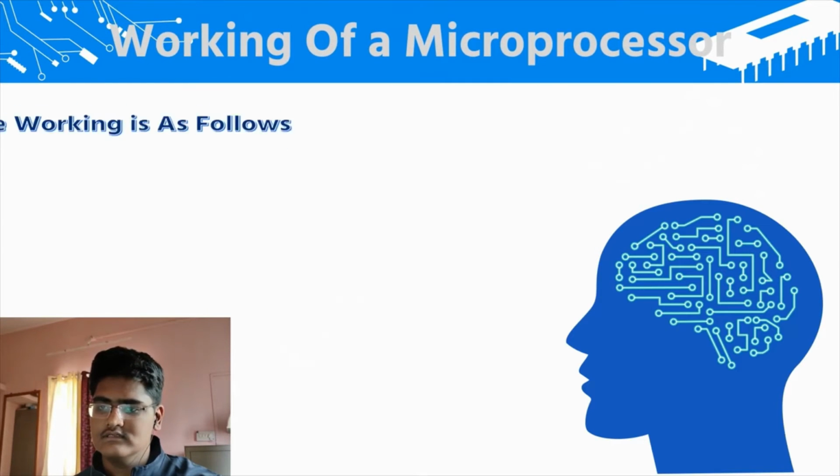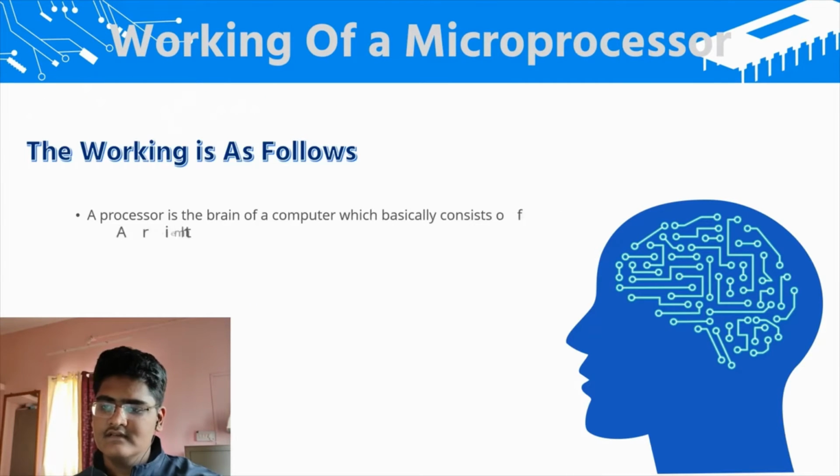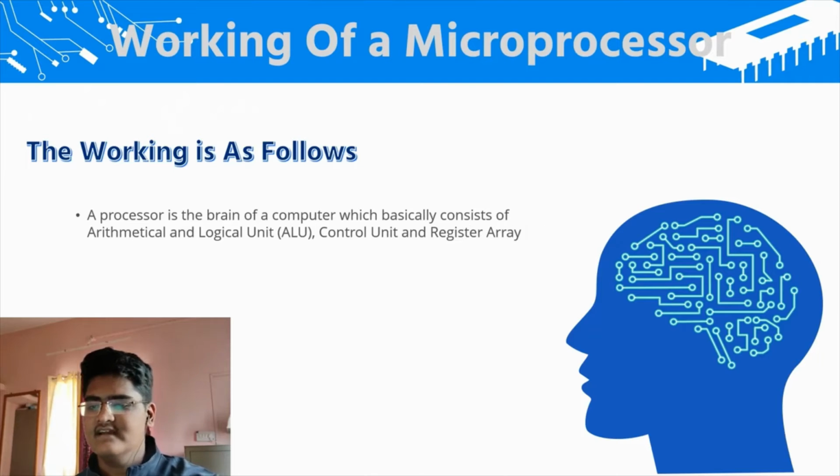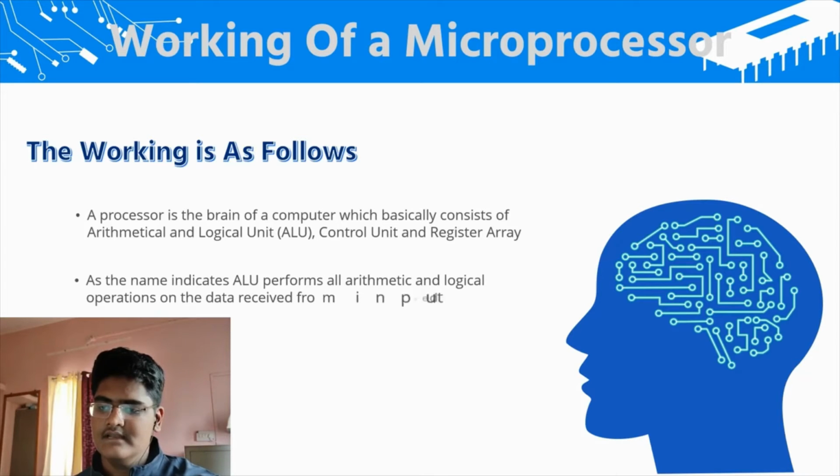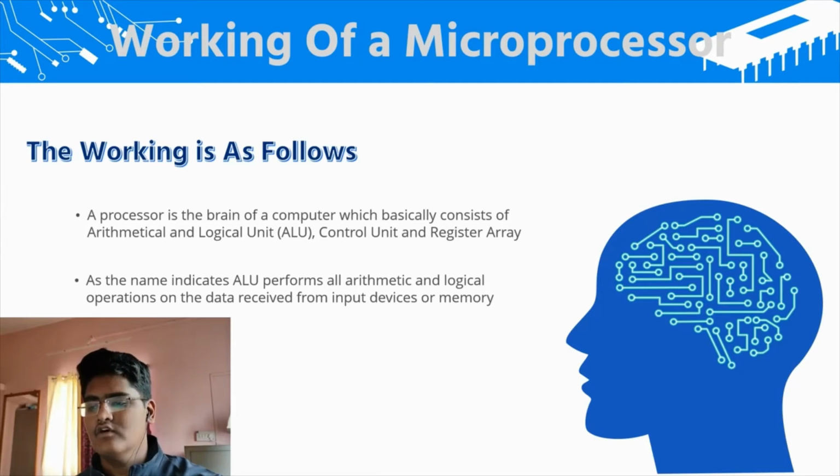Working of a microprocessor. A processor is the brain of a computer, which basically contains an arithmetic and logical unit (ALU), a control unit and a register array. As the name indicates, the ALU performs all the arithmetic and logical operations on the data received from the input devices or memory.